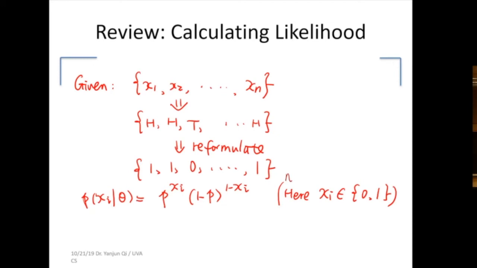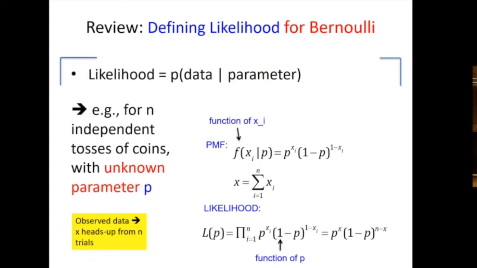And because you're observing n of those, your likelihood is the multiplication from the first observation to the nth observation, each being the probability under this Bernoulli formulation.